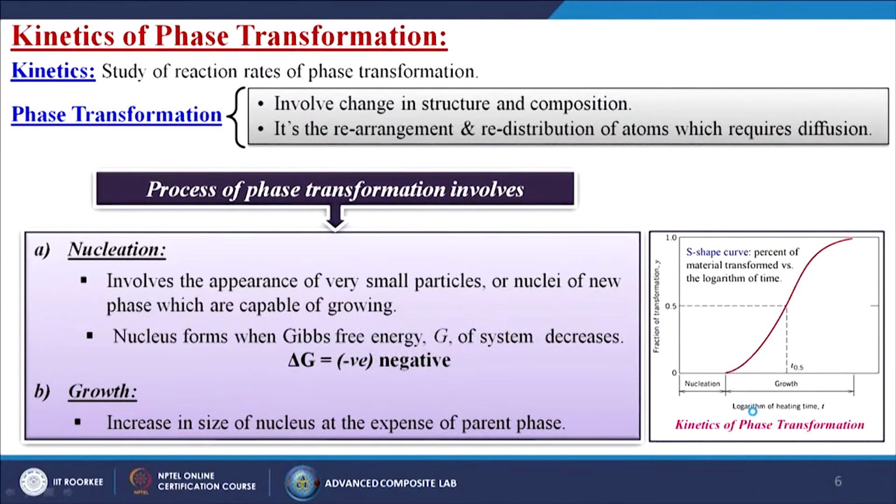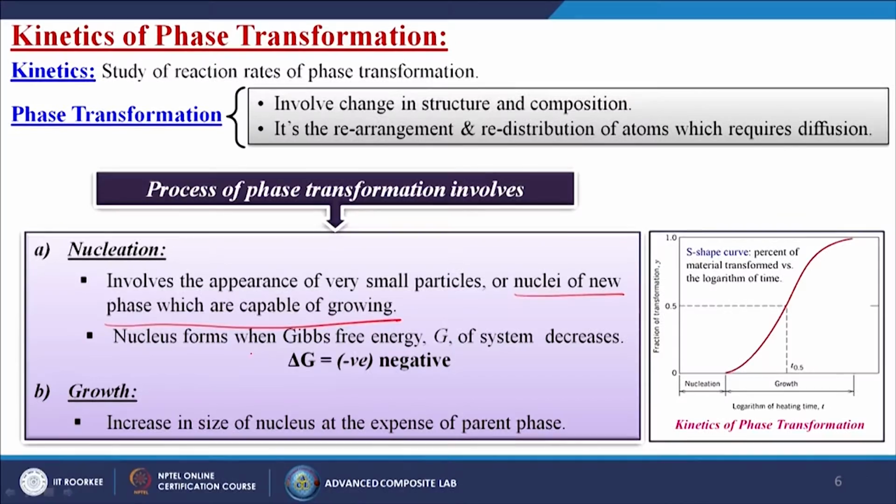Nucleation involves the appearance of very small particles, or nuclei, of a new phase which are capable of growing. A nucleus forms when the Gibbs free energy G of the system decreases, so del G here is negative.